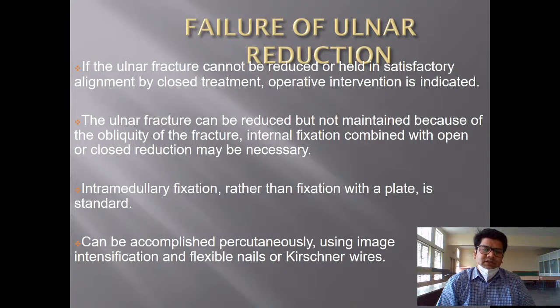Intramedullary fixation rather than plate fixation is standard. It can also be fixed percutaneously by means of an image intensifier and flexible nails and K-wires. In some patients, the ulna can be fixed with a plate, and to maintain reduction of the radiocapitellar joint, a K-wire can be used.